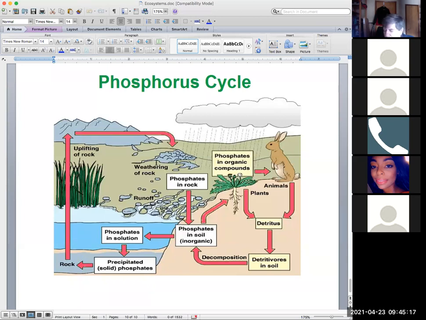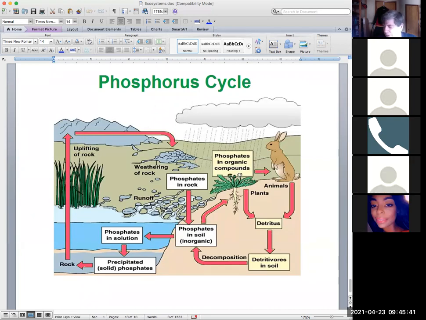Out of the different elements that you might see on the periodic table, there are only about 40 of them that are found in living organisms, and most living organisms only have about 30. There are a few of the elements that are found here and there in just an occasional organism, but not too many. But there are about 30 elements that are found in almost all living things.